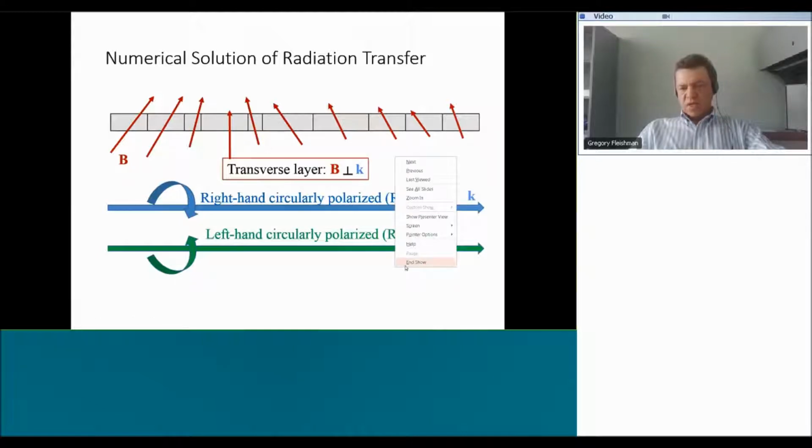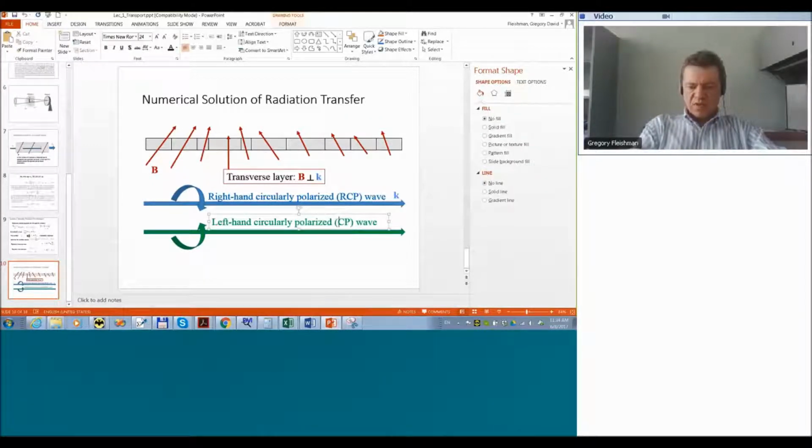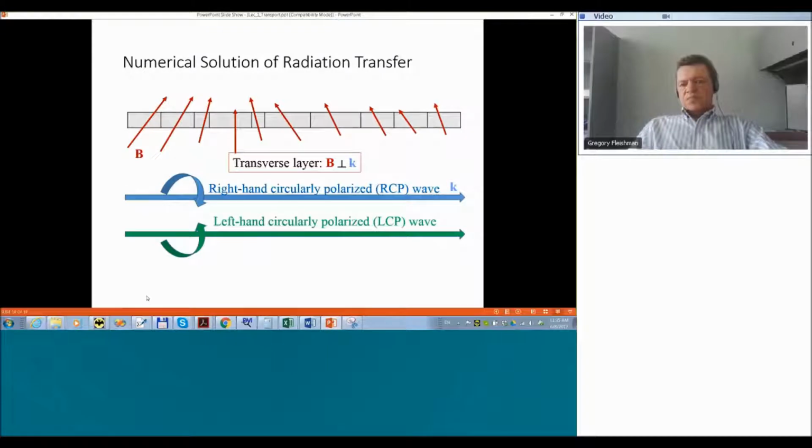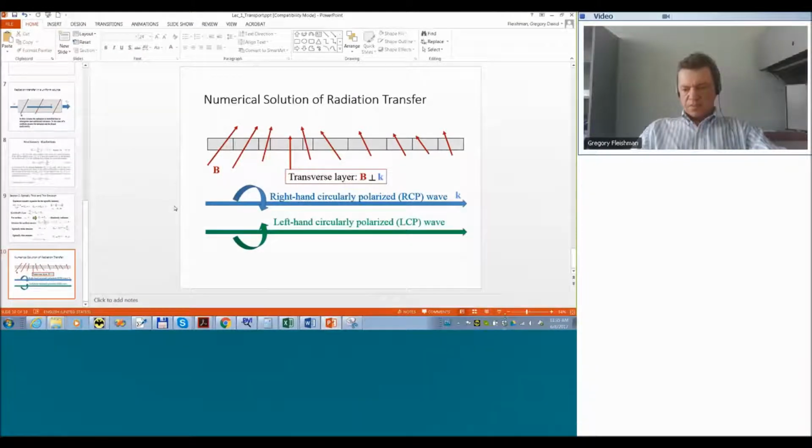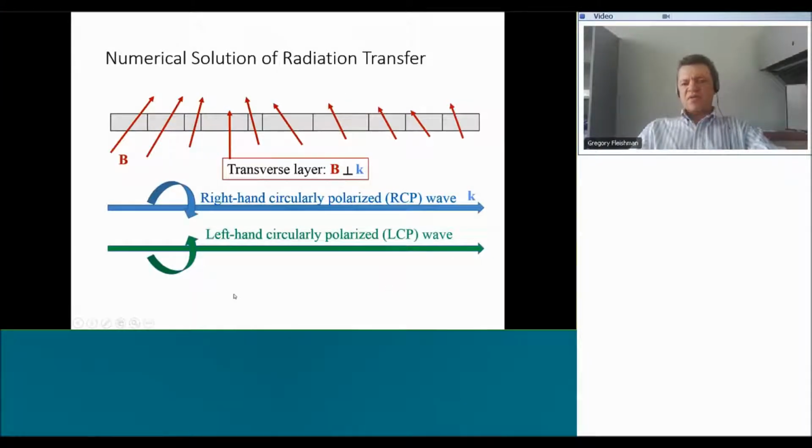Unfortunately, there's a typo here. Let me correct the typo right away. So the radio waves in the magnetized plasma are circularly polarized, and the extraordinary wave mode is polarized in a way that the electric field vector rotates in the same direction as electrons gyrate in the magnetic field.